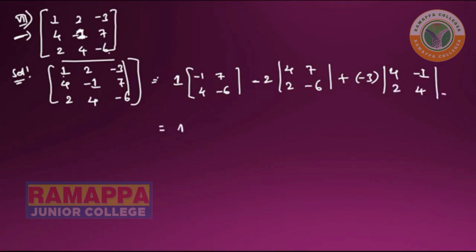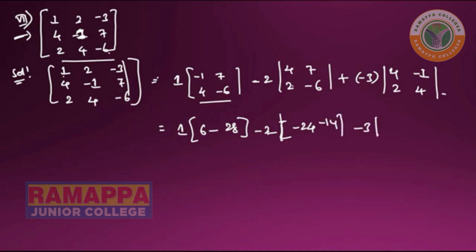So here 1 into, what is the determinant of this one? Minus 1 into minus 6, plus 6 minus 4 sevens are 28. Here minus 2 into 4 sixes are 24 minus 24, and 2 sevens are 14 minus 14, and minus 3 into 4 fours are 16 minus 2 ones are 2, so 16 plus 2 means here this is minus 22.